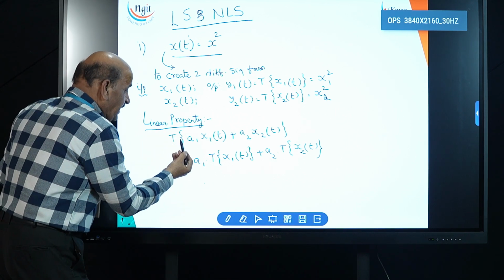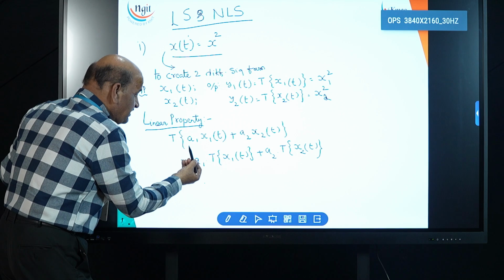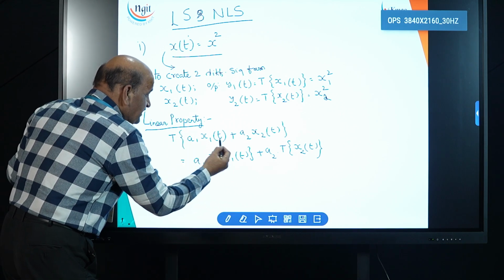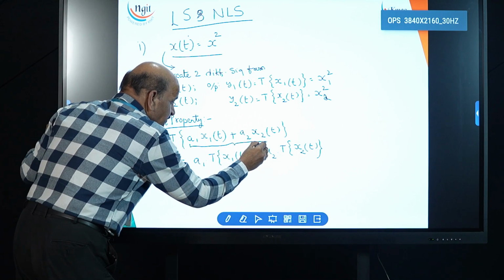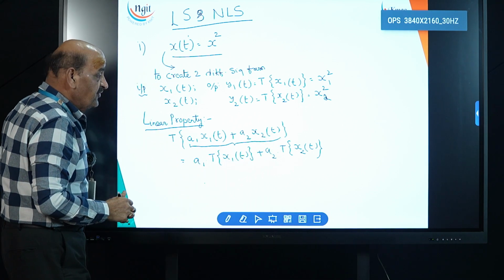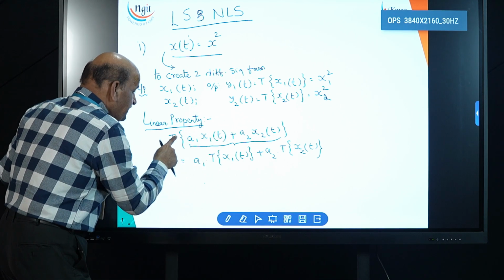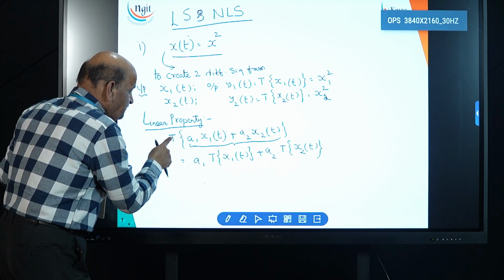Now look at whatever we have written within the curly brace. This is called the superposition signal, that means sum of transformations.